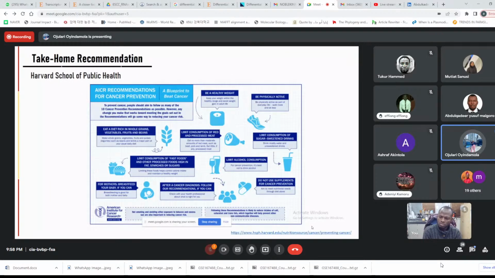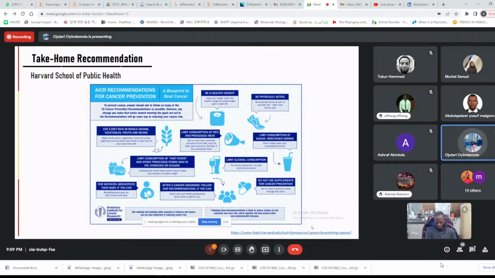So, to conclude my discussion today, I would like to recommend some things to us. For example, this is data from the Harvard School of Public Health. If we critically look through it later, one of the things it says, like I explained, is keeping our weight in check to avoid unnecessary weight gain, physical activity, and drinking mostly water, and things like that.